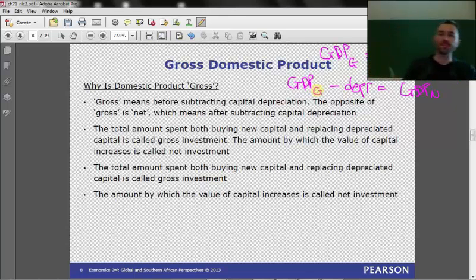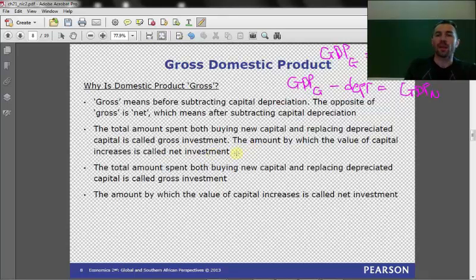So just a definitional issue here about what we mean by gross. The total amount spent both buying new capital and replacing depreciated capital is called gross investment. The amount by which the value of capital increases is called net investment.